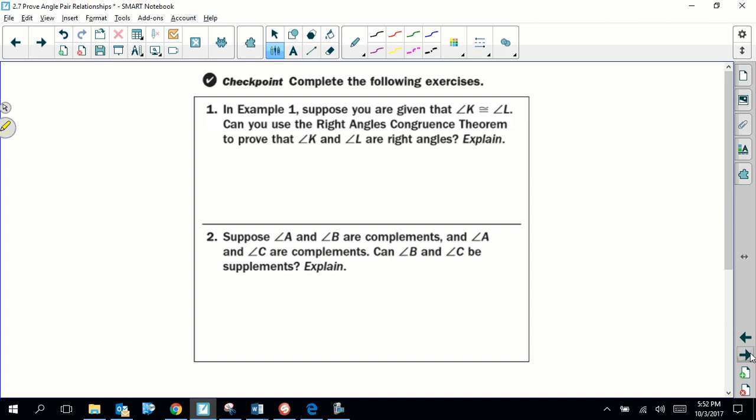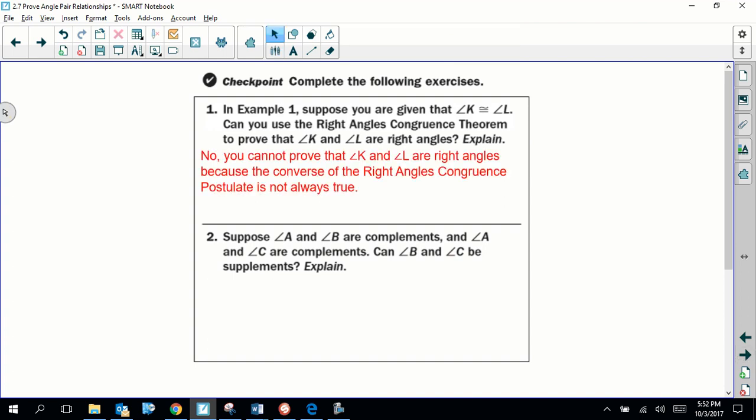Okay, hopefully you have some good explanations for what we're talking about here. Going back to example 1, if K is congruent to L, can you use right angle congruency to prove that K and L are right angles? Well, in this case, unfortunately not. You can't prove that they're right angles, because going back to that postulate, if I were to write it out as a conditional statement, I would say if I have right angles, then they are congruent to each other.